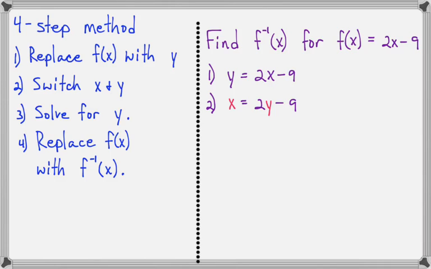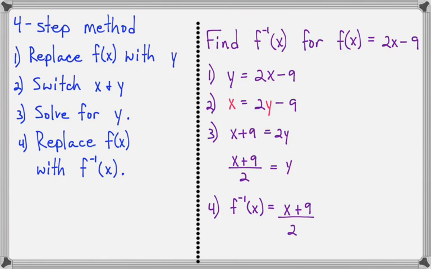Nothing else changes, just switch places with x and y. Now we solve for y. And there is our inverse function. We just have to label it as an inverse function. And if you'll remember, it's the same one we got when we did it by the list method. So now that you've seen both methods, you can choose which one you prefer and which one you would like to practice with.